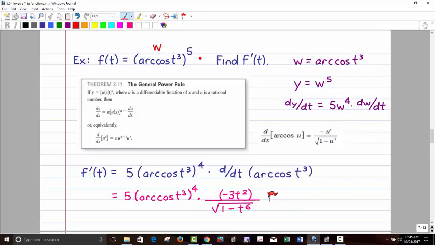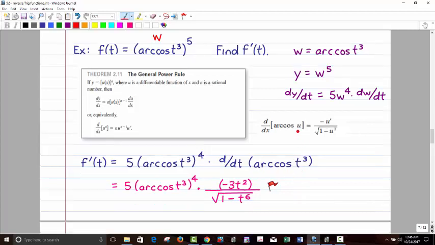Bring down the 5, the outside, like right here. Leave the inside alone for now. Don't take the derivative yet. It was w to the fifth, so it's 5w to the fourth. You bring the 5 down, leave that alone in the middle, drop the exponent down to 4, then take the derivative of what's in here.